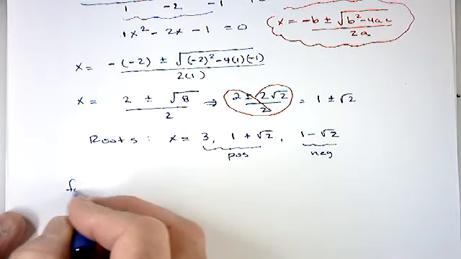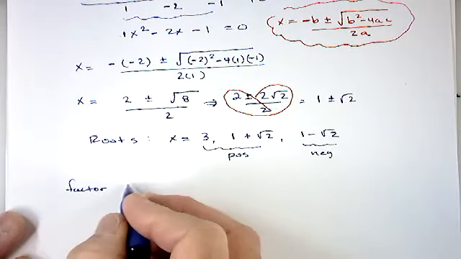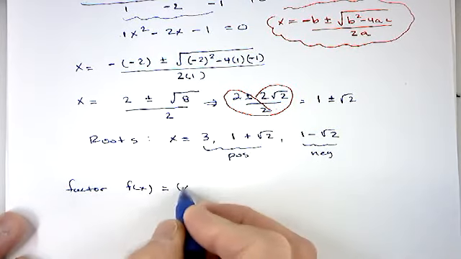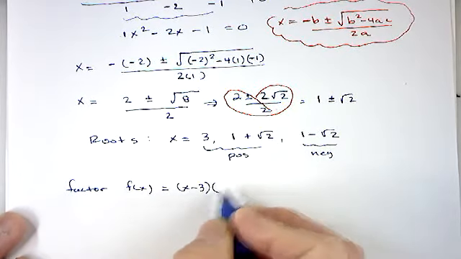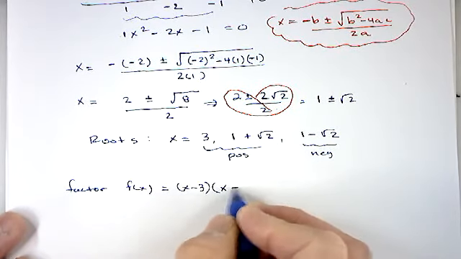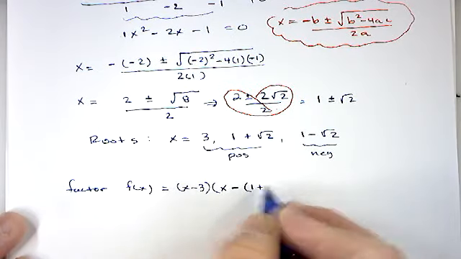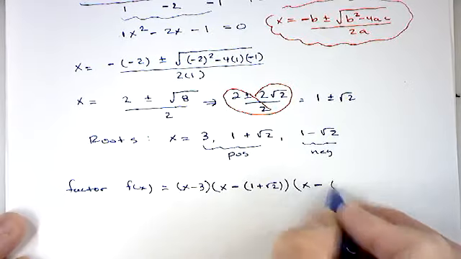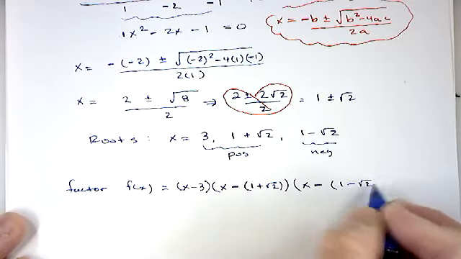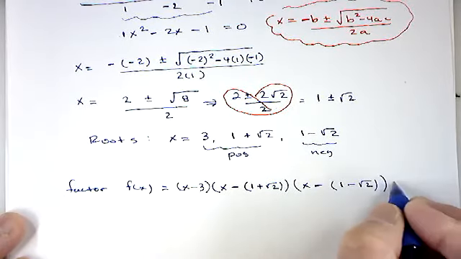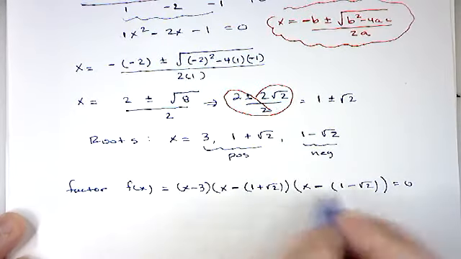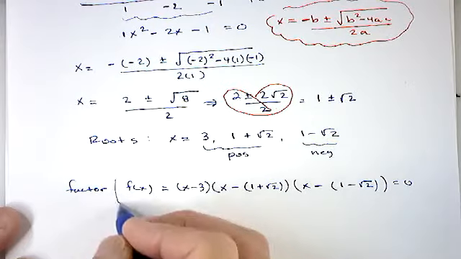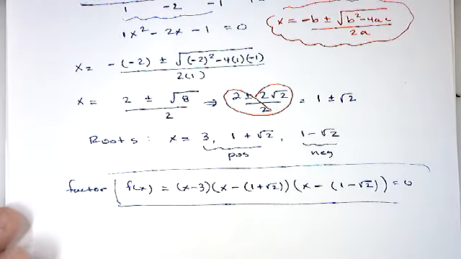As far as the factored form, you can still write this in factored form. This original function factors into x minus 3, x minus quantity 1 plus root 2, and x minus quantity 1 minus root 2. Think about it, if you set this equal to 0 and solve each of these, you're going to get those three answers. So it looks funny, but you can still write that in factored form.